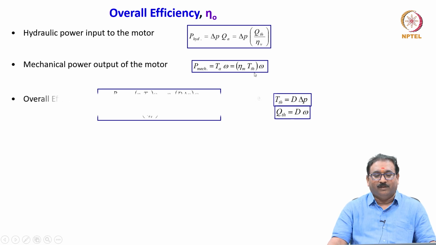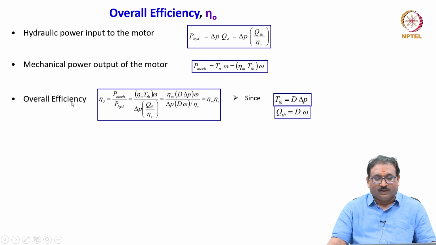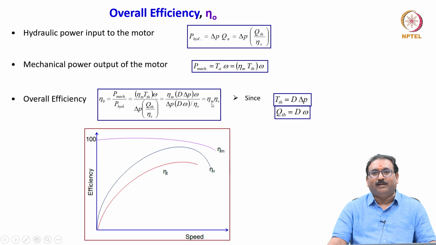If we calculate the overall efficiency, which is the ratio of mechanical power to hydraulic power, and substitute all the values, delta P cancels and D cancels. Finally, we get mechanical efficiency multiplied by volumetric efficiency as the overall efficiency.